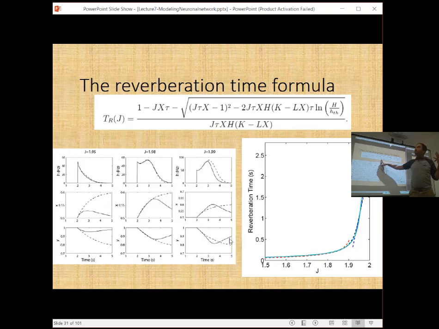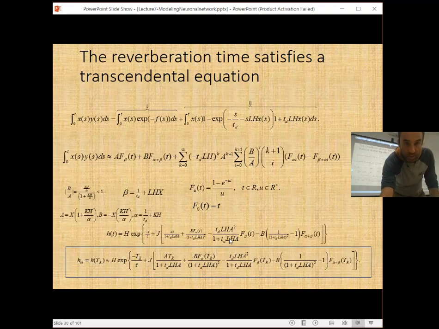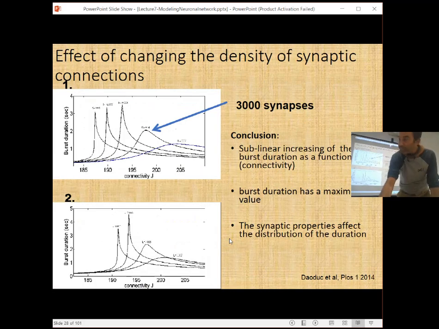And it shows why, if you have too much connections, what is the meaning of these curves here? If you increase the level of connectivity, why is there a maximum? Because if there is not enough connectivity, you are going to use the facilitation, but not all neurons will participate, maybe only a small fraction. The more connectivity you have, the more you engage the network, until you arrive here.